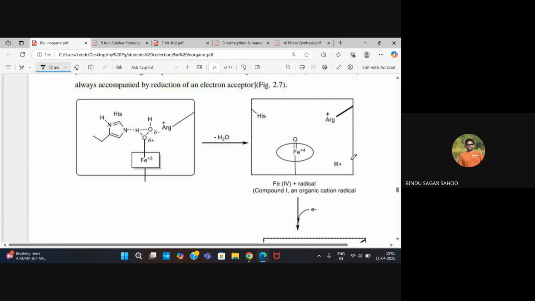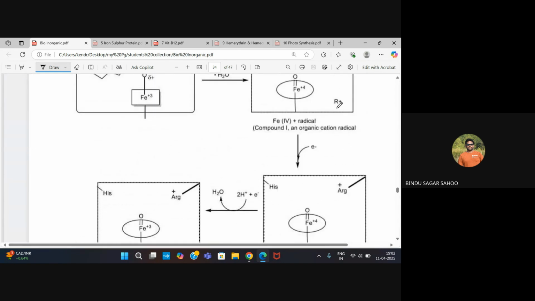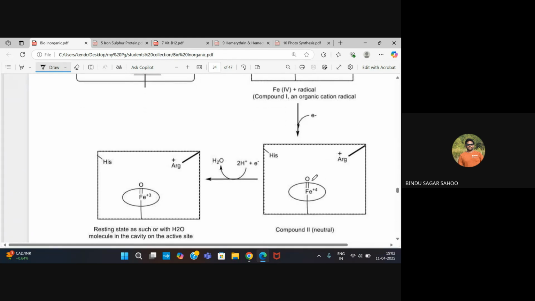What happens here actually? So here this R plus represents the porphyrin ring, or I can say this is porphyrin plus. Okay. If you add the first electron, it will reduce this R plus group. It will get converted to R or porphyrin group, like that.